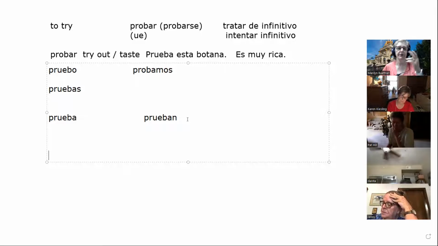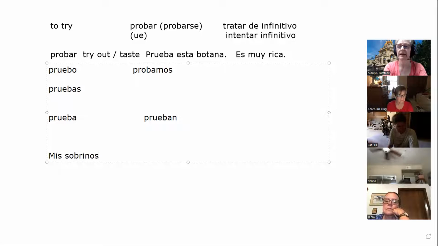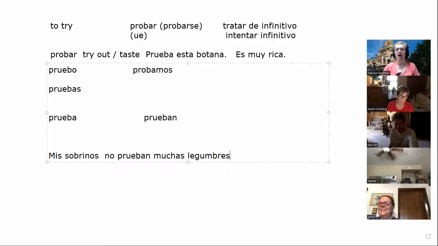Por ejemplo, mis sobrinos, my nieces and nephews, no prueban muchas legumbres. My nieces and nephews don't try a lot of veggies. No prueban muchas legumbres.